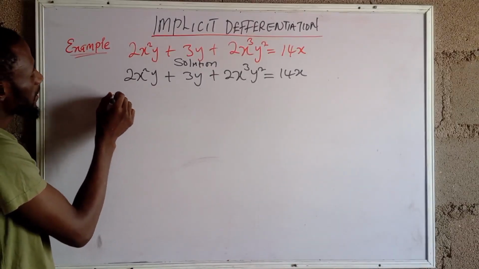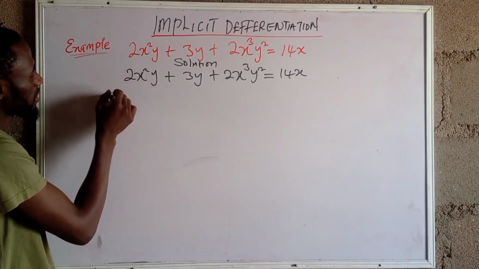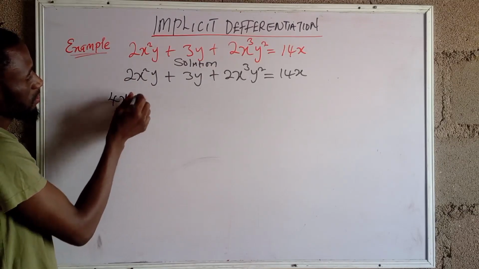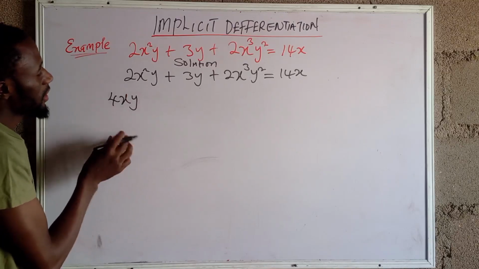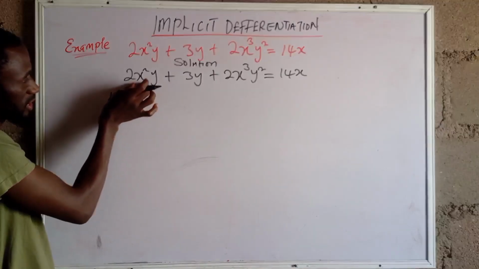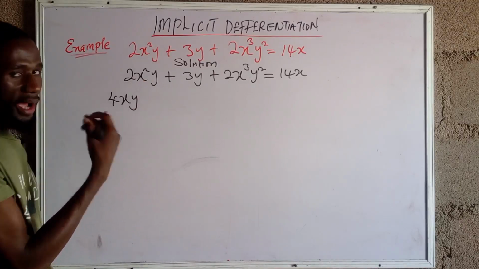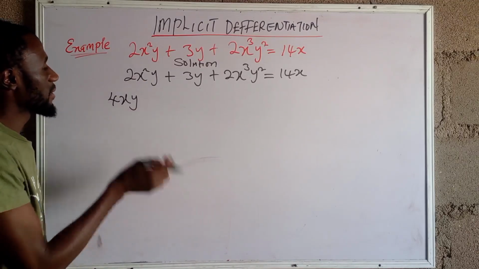Here you have 2 times 2, which is 4xy, because this function we differentiate with respect to x, so no need for multiplying with dy/dx or y prime.